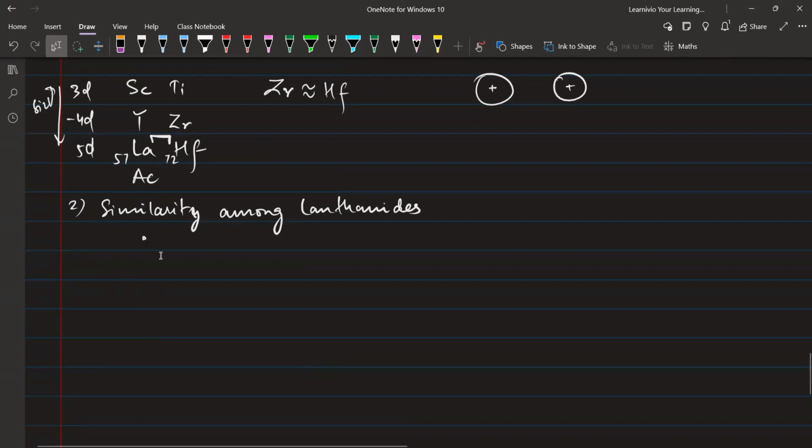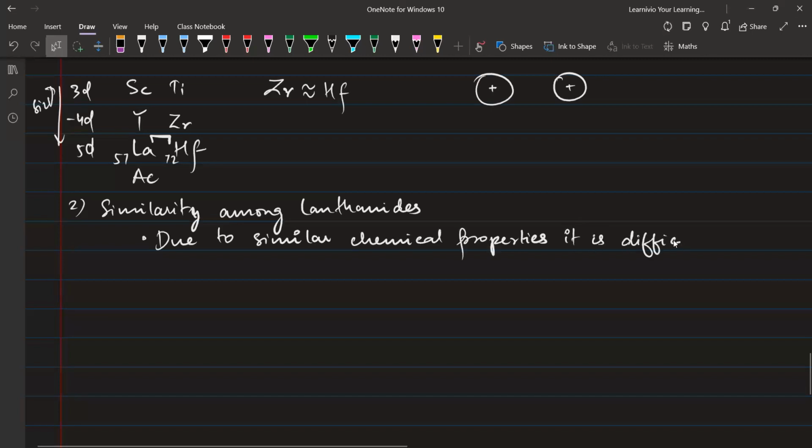Another consequence of this is that due to similar chemical properties, it is difficult to separate them in pure state.